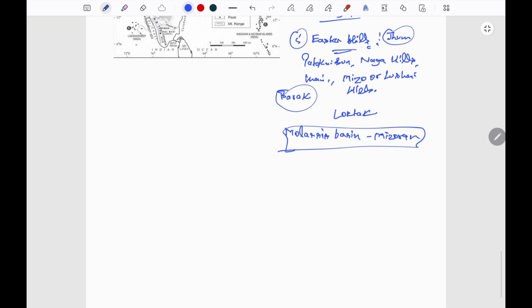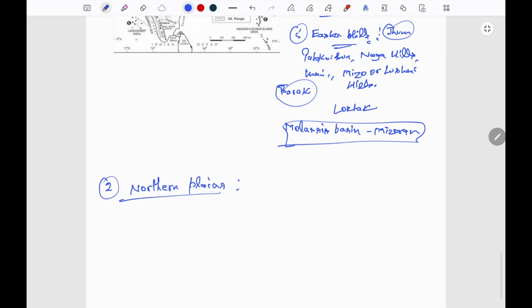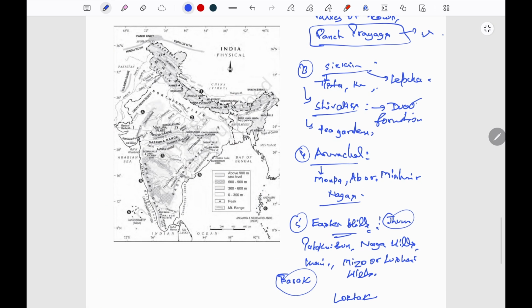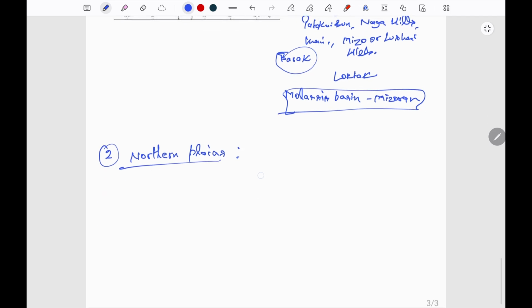Now comes the next physiographic region, that is the Northern Plains. It covers the region of Punjab, Haryana, Rajasthan, UP, Bihar, West Bengal, all this. And it covers the plains of Indus, Ganga, and Brahmaputra.